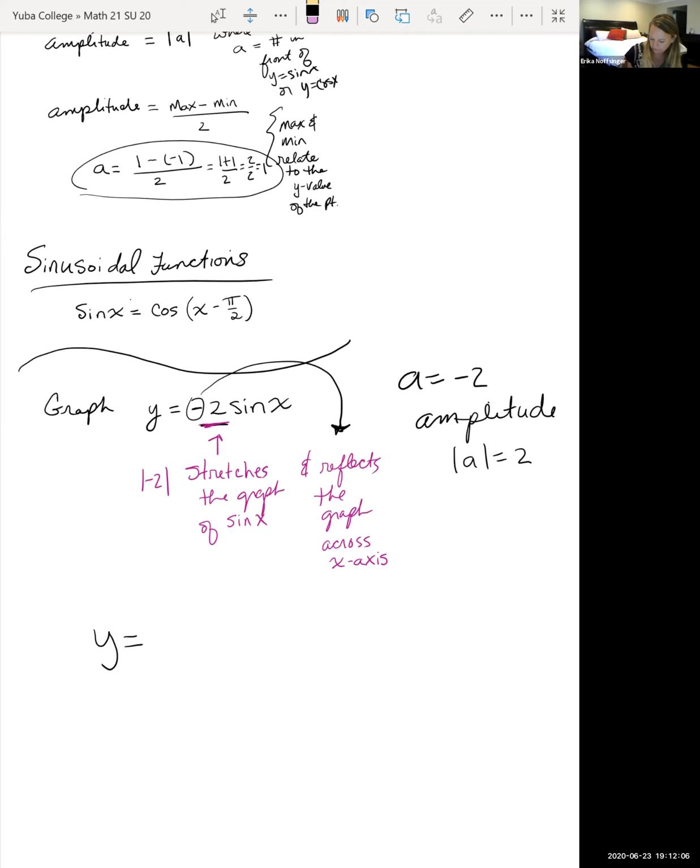Number in front of the angle that you're plugging in, or the trigonometric function you're taking that number of.